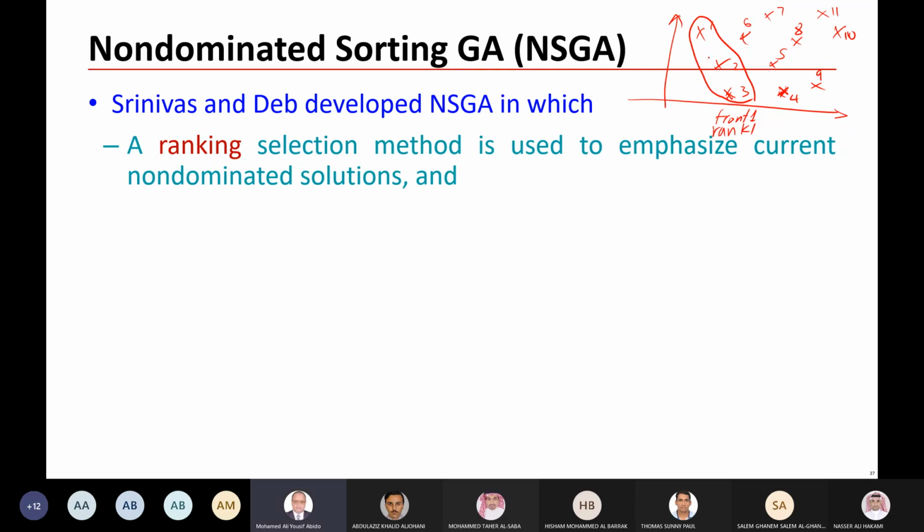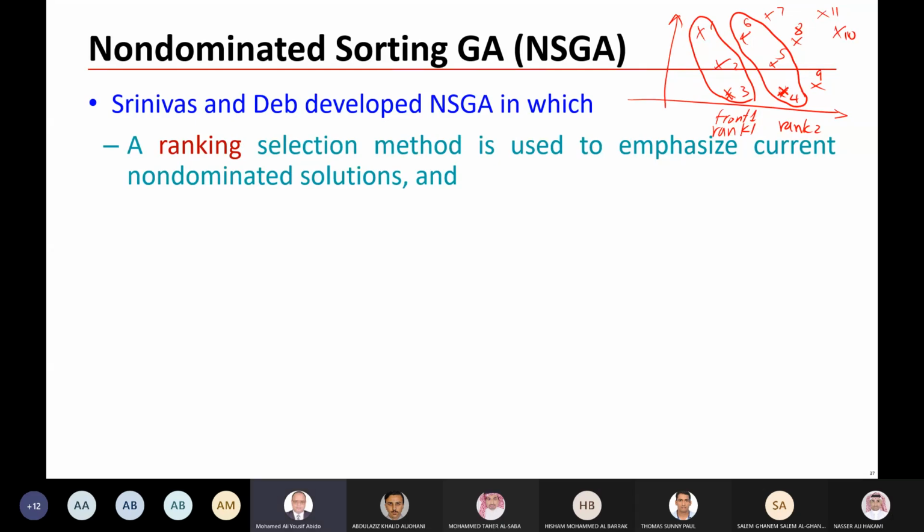Okay, excluding those solutions, can you get the first or the non-dominated solution of the remaining? Yes. What are those? 6, 5, and then 4. So this is rank 2.